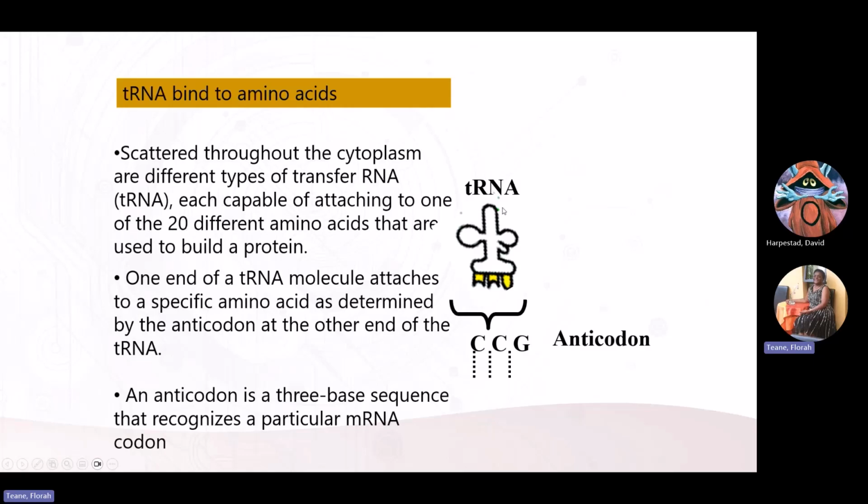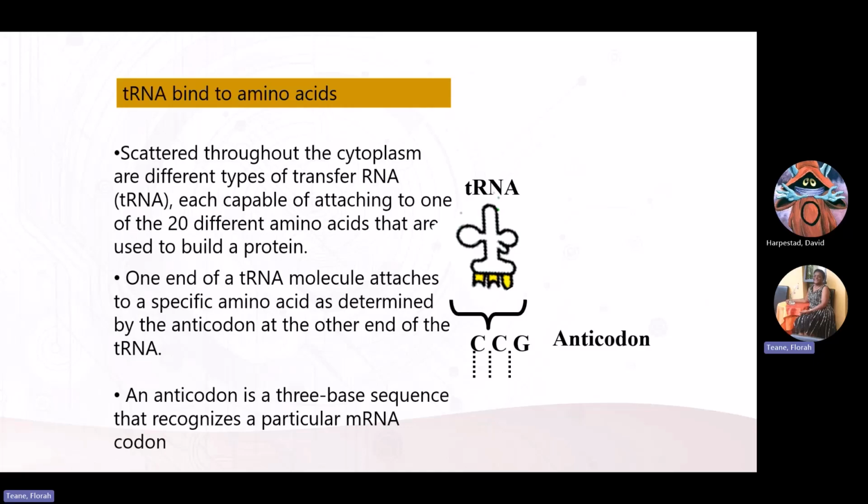So when an amino acid is being picked up by this transfer RNA and taken to the ribosomes, for it to fit in the right place, the anticodon of the transfer RNA must match with the codon of the messenger RNA.